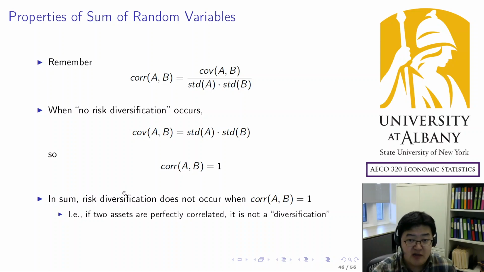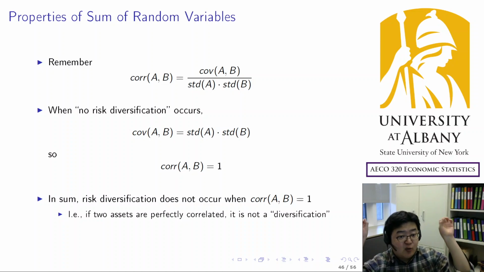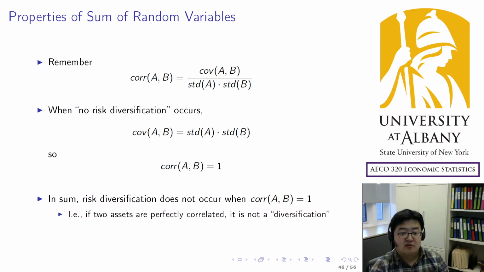And of course, in practice, correlation is never one. Almost all the assets are different, so they cannot be perfectly correlated. So whenever you invest in two assets, there is risk reduction. This is a very powerful implication.